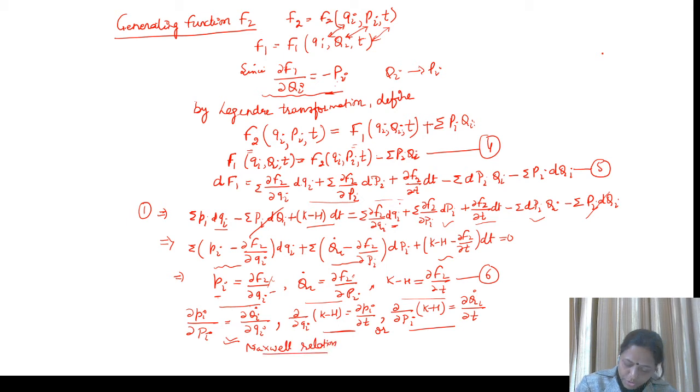And it simply shows that if you have your Pi as a function of capital Pi, capital Qi and time, and small qi as a function of capital Pi.